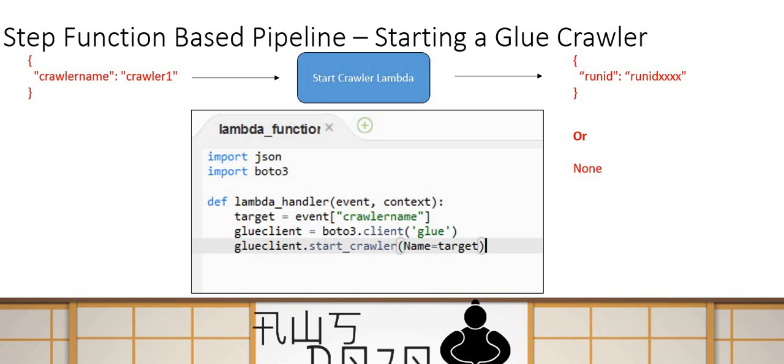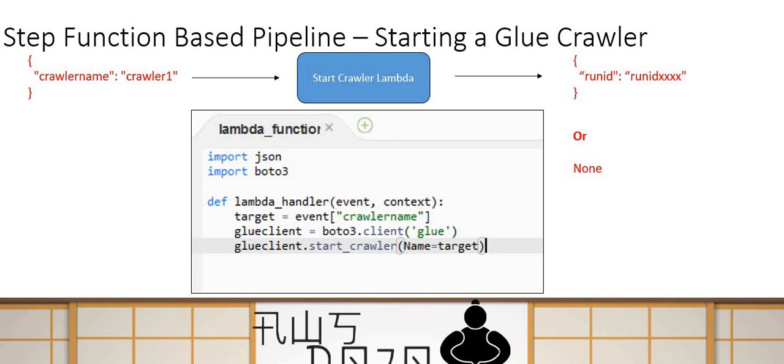But the other way could be that you might want to return a run ID. When the crawler runs, you get a run ID for the crawler, and that run ID you might want to return, because then you can use it to get more information about that crawler run.